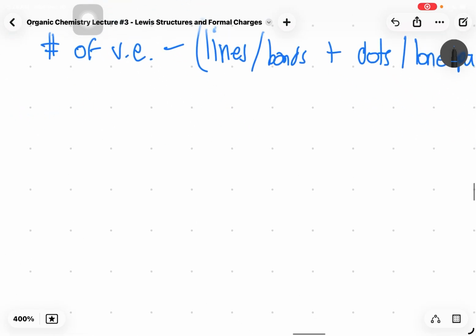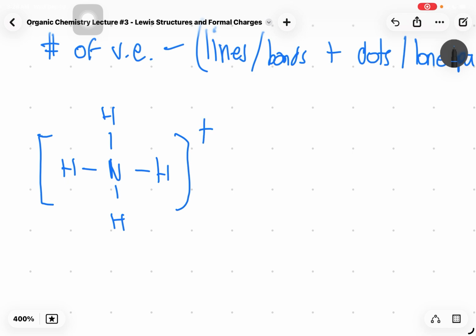Let's say we have this structure. These brackets are here basically to denote that the whole molecule contains a charge. So how you would write this is basically NH4 with a plus sign. That's what it means.